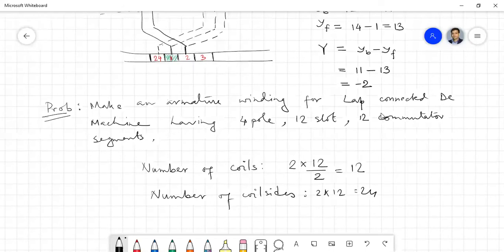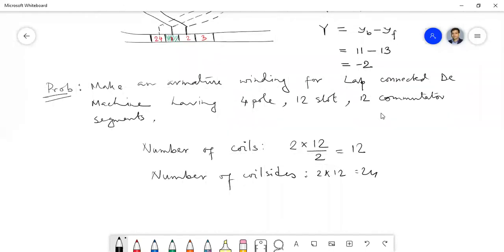Now, number of slots per pole. There are 4 poles, I think I have given in the problem.